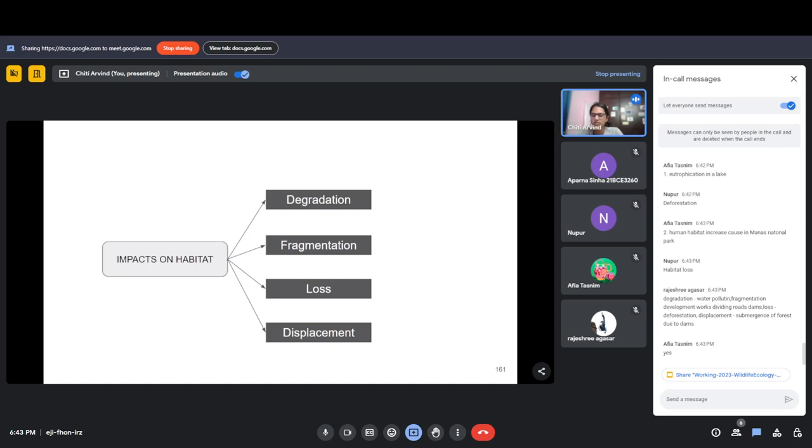What about displacement? What does displacement mean? Submergence of forest due to dams. Okay. Well, I think dams also result in fragmentation. But Rajshri, any examples?